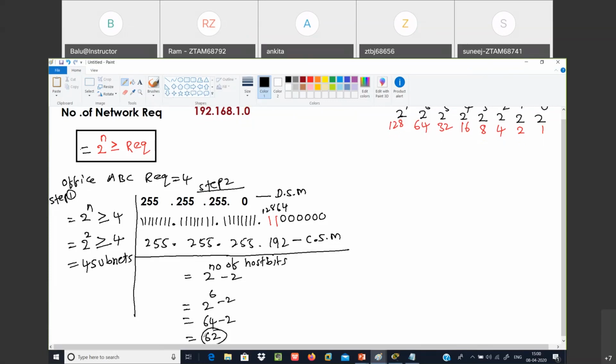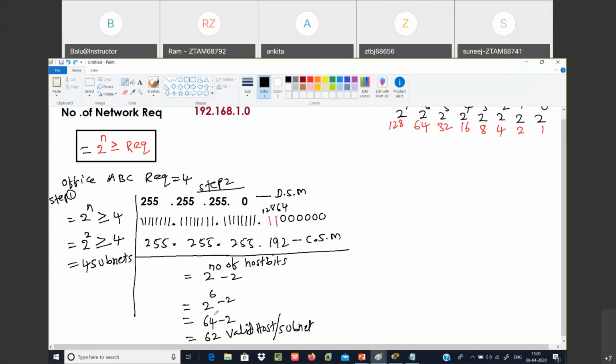62 hosts, or rather 62 valid hosts for each subnetwork, not a network. But the total number of IPs is 64. Out of 64, 62 are usable.